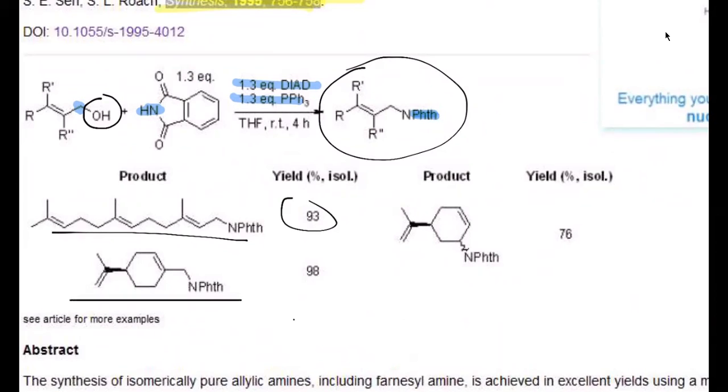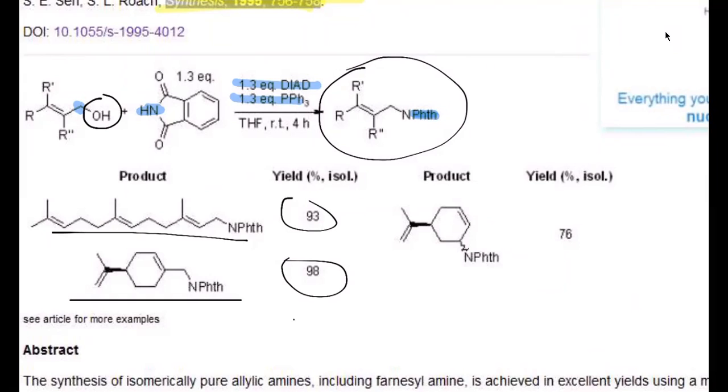That would basically be starting from, I think that's menthol. You're basically starting from menthol and converting menthol into an amine. You can do it in 98% yield, room temperature, in THF for 4 hours. That's pretty amazing. But this is a menthol derivative. I'm sorry.